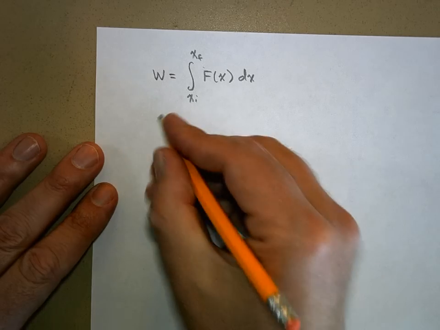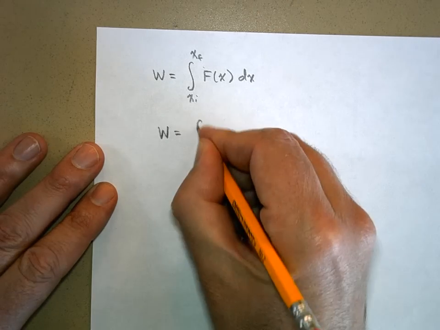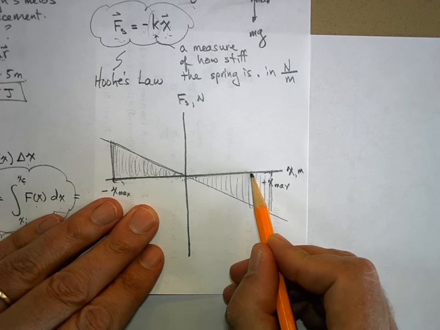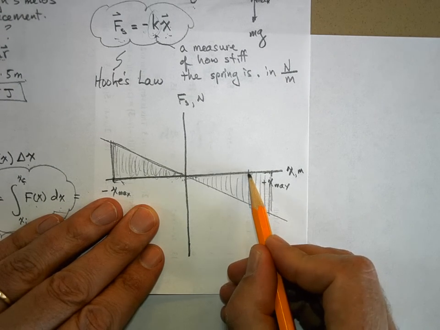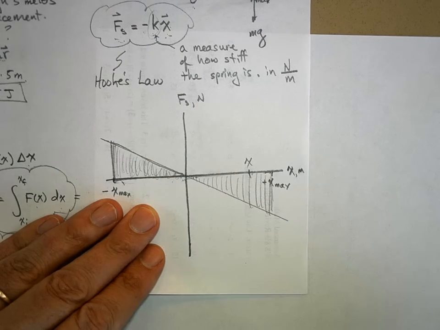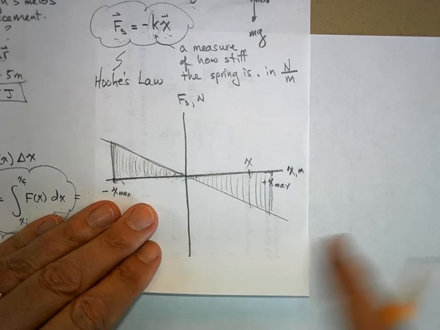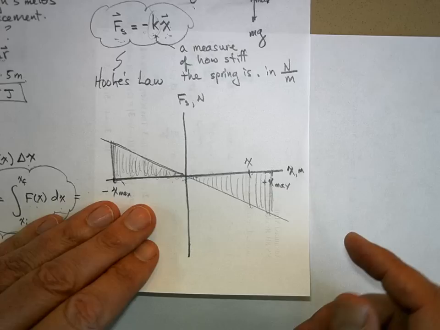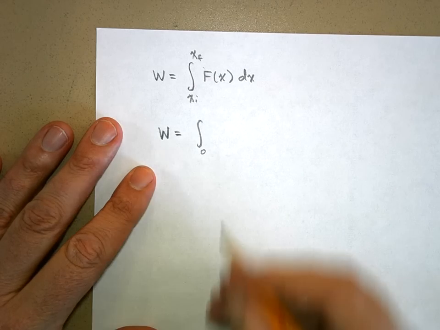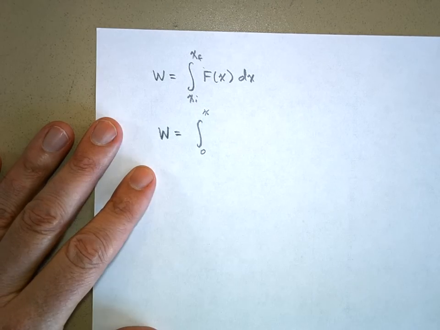Work equals, now I'll tell you what, let's just start from the origin and go to some arbitrary value of x. So here's x. We don't have to do that, we can, but I want to start off simple. So our x initial is 0, and this will be just some arbitrary value for x.